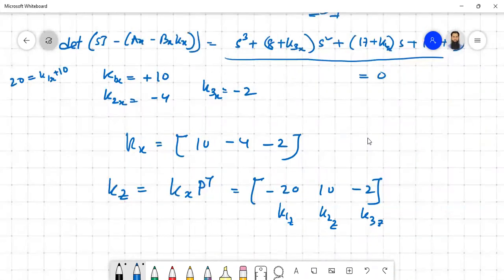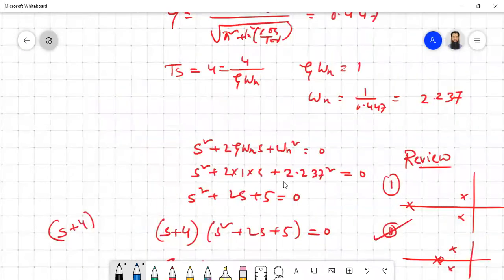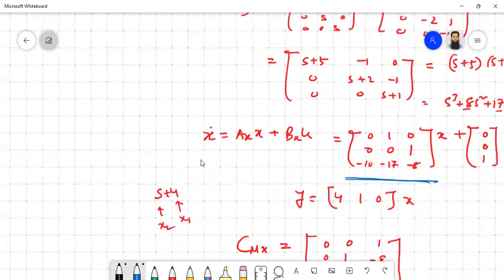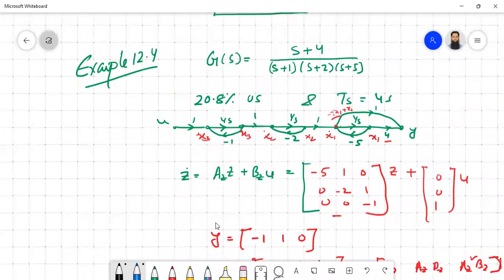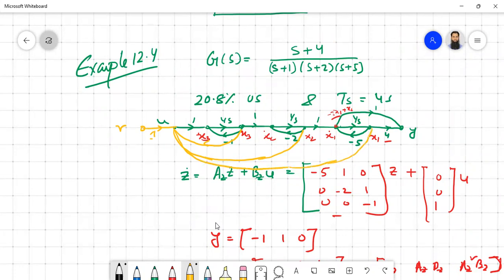Now if you apply those and try to find out the system's gain with the modification, this is your R with gain 1, and then all the states will be fed back.